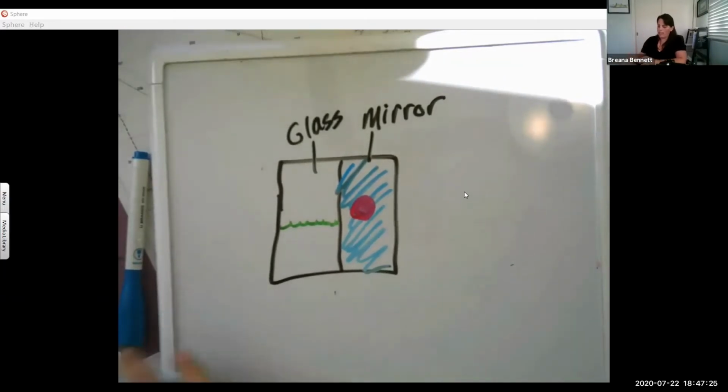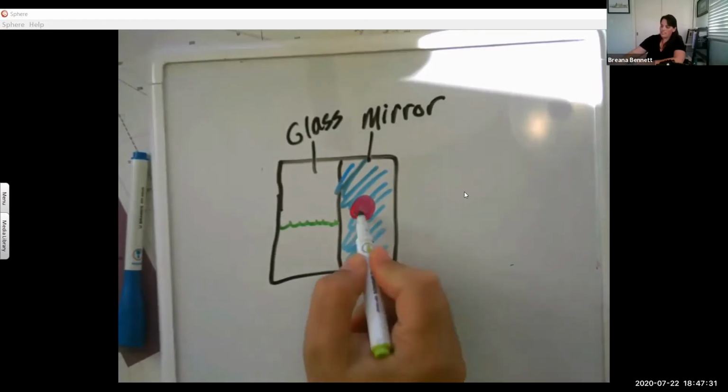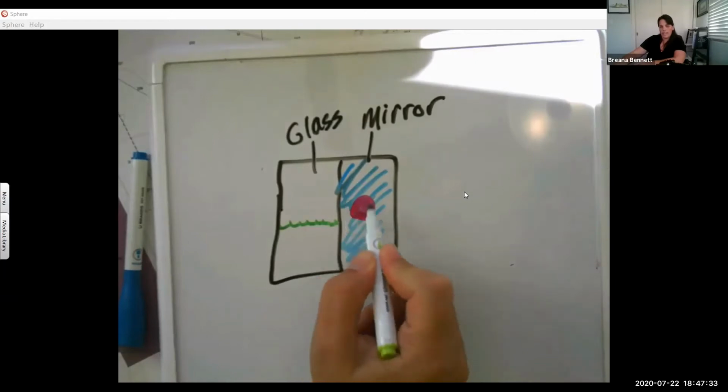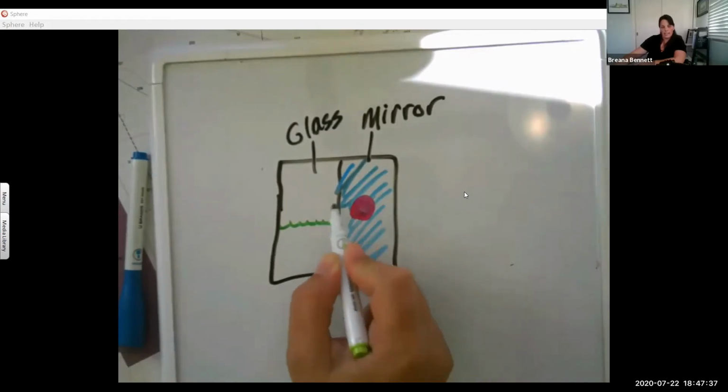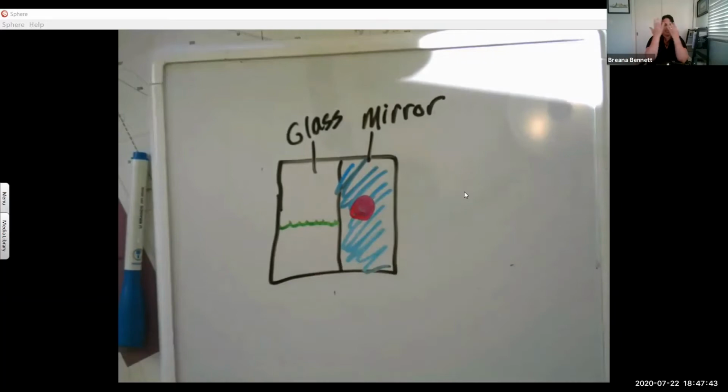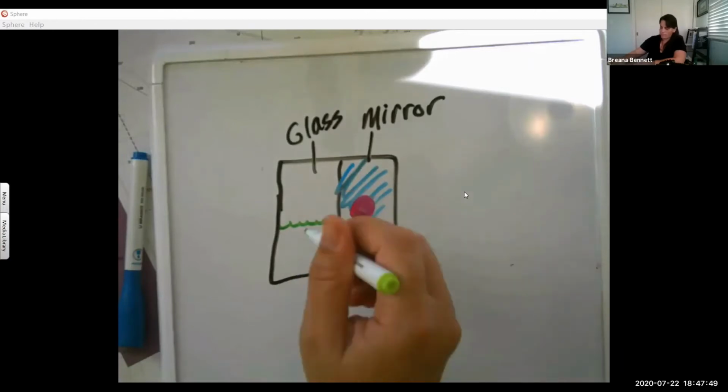Now, the way it works is this reflection of the sun crosses over to the glass side. I feel like I'm saying that wrong, but you will see the sun on both sides of the glass itself.